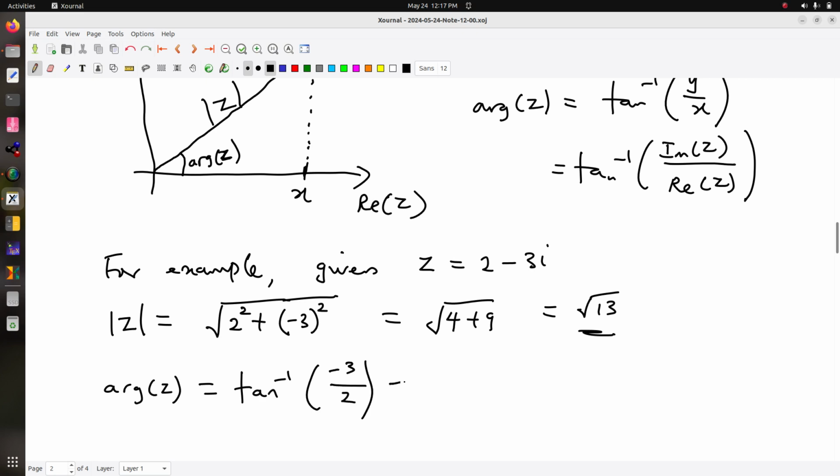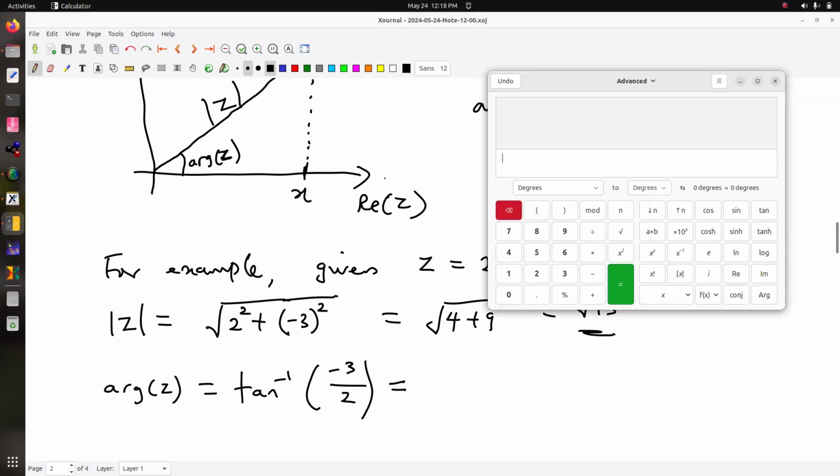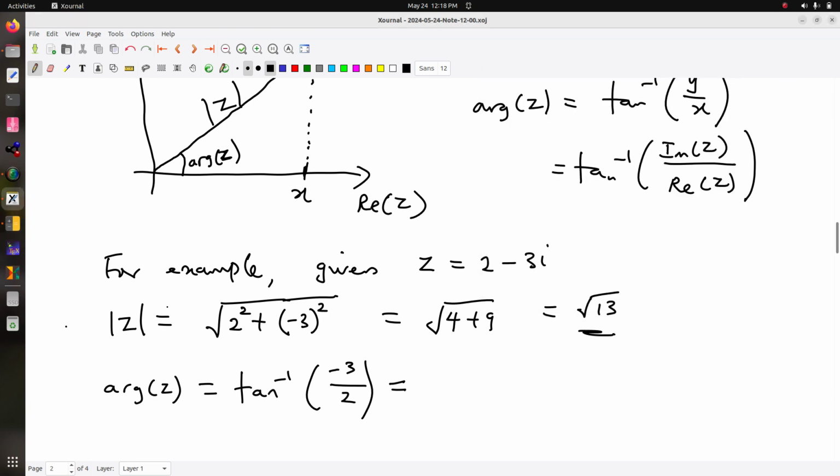If we take out our calculator and find the arctan of minus 3 over 2, we get minus 56.3099 degrees. That will be the argument of z.